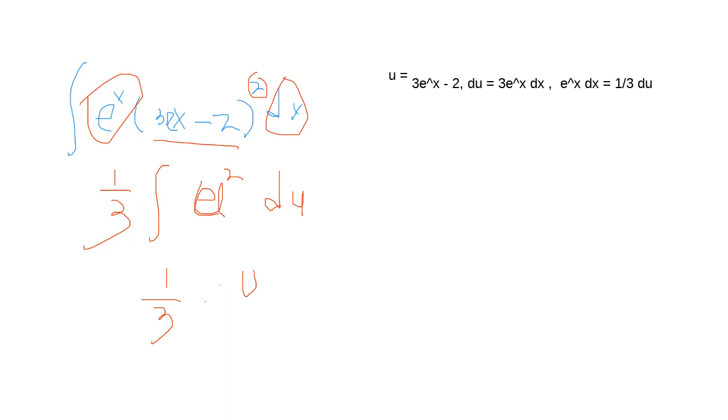U raised by 3 divided by 3 plus c. Yes. I made a mistake here. I didn't do this divided by 1/3, divided by 3. Okay, so easy to make mistakes. So 1 over 9 u cubed plus c. Thank you. We can substitute u back, right? This is 3e to the x minus 2, 3e to the x minus 2 raised by 3.